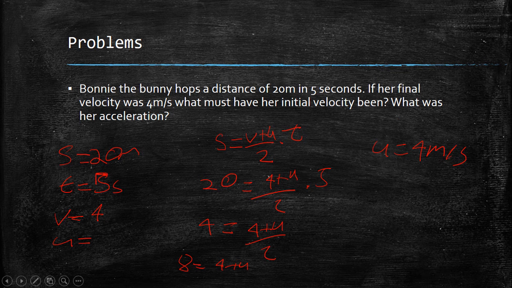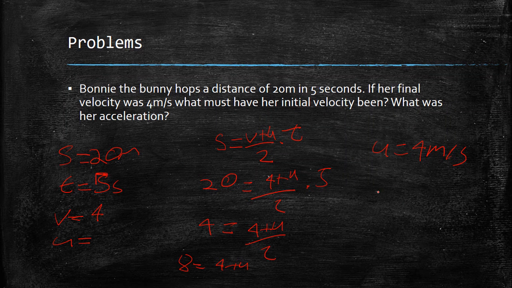And so, with the second part of the question, what was her acceleration? Well, you could go ahead and sub these values into a separate kinematic equation. Or, if you understand what is meant by acceleration, which is the rate of change in velocity, you can see that if her velocity hasn't changed, if she has had a constant velocity, then she has had no acceleration.